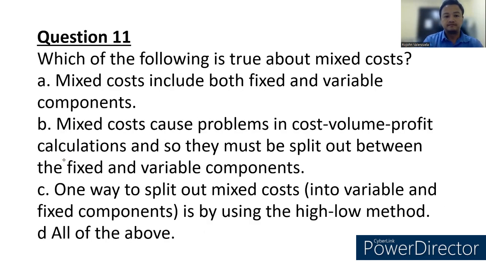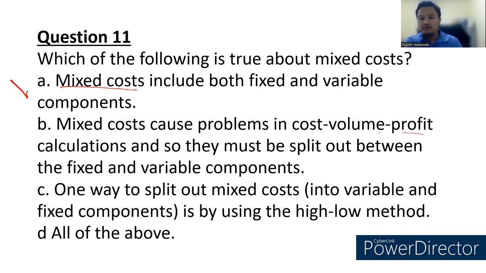Next, number 11. Which of the following is true about mixed costs? Letter A. Mixed costs include both fixed and variable. So, parang nagawa na natin to. That's correct. Tama yan. B, mixed cost cause problems in CVP calculations, so they must be split out between fixed and variable components. That's correct.